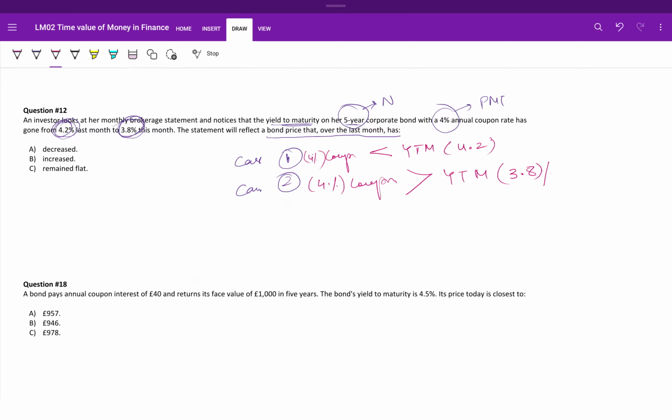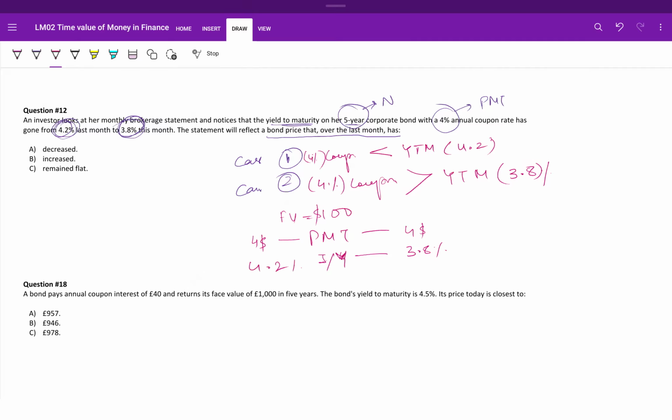Let's assume the face value of the bond is $100, and the coupon payment in case number 1 is $4, and in case number 2 also $4. This is our PMT. In the second case, the yield to maturity, I/Y, has moved to 3.8%, and here the I/Y is 4.2%.